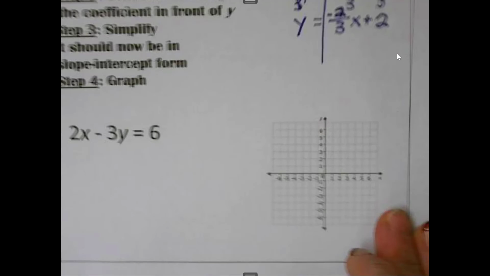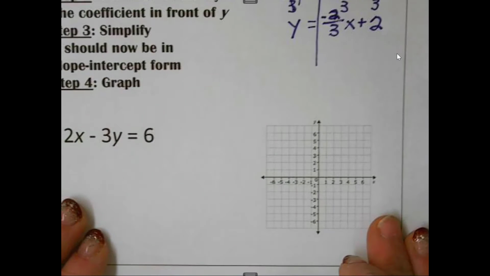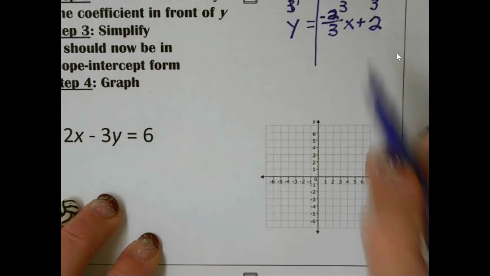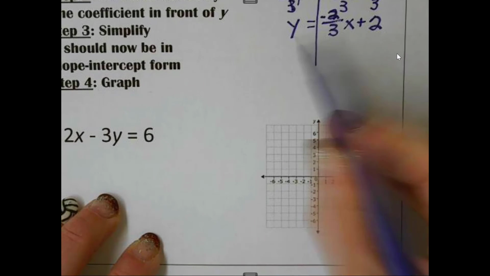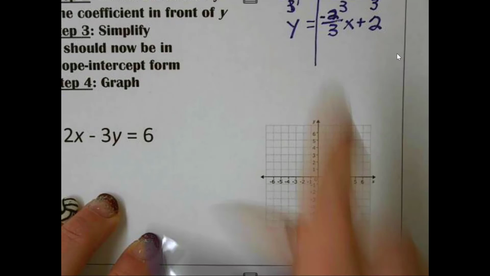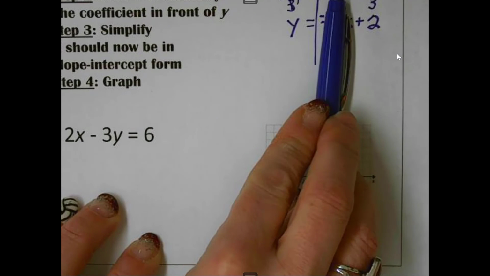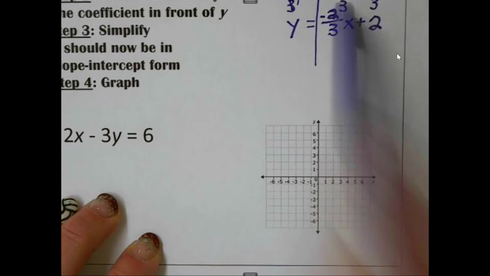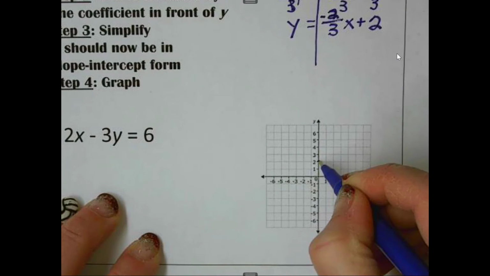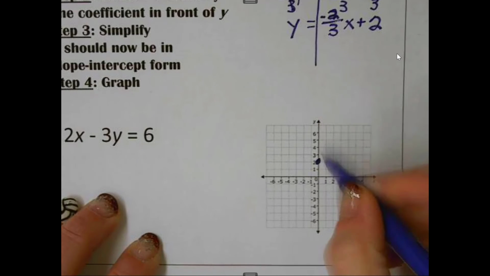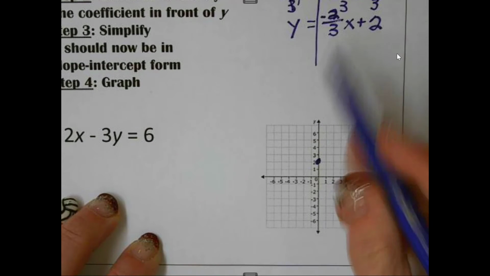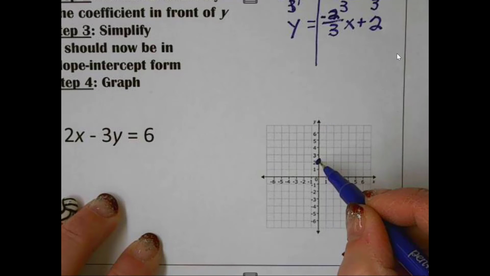So down here on the graph, let's go ahead and graph it. I can still see the equation there. Remember, we always plot the y-intercept first. If I substitute 0 in, that would cover it up, and it says y equals 2. This is your y-axis. I plot a point at 2. From here, I'm going to use my slope to get another ordered pair on the line.